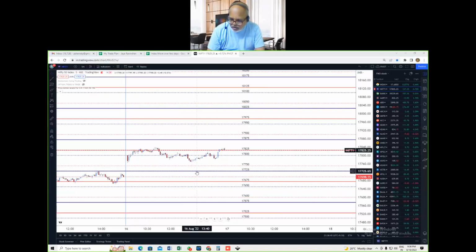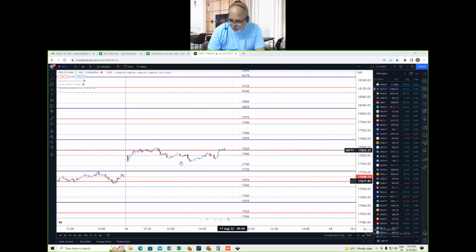Similarly, if anyone is not interested in taking a future position, he can always take an option position for intraday trading. The logic he has to use is, when the market is trading around this level and he wants to buy a put, he can select the 17,700 strike price for the put.